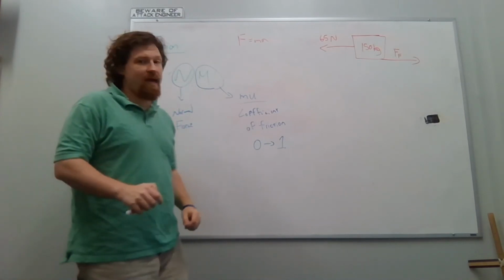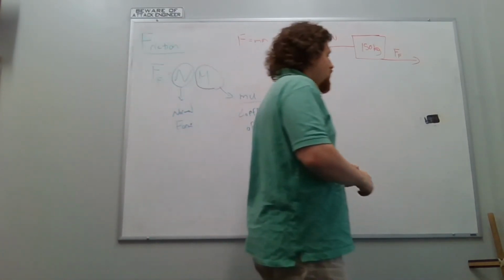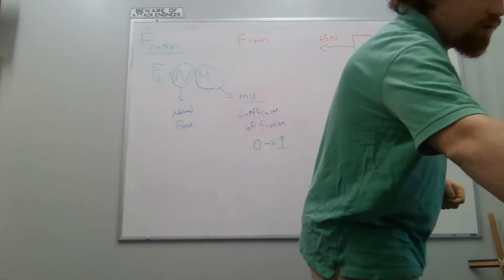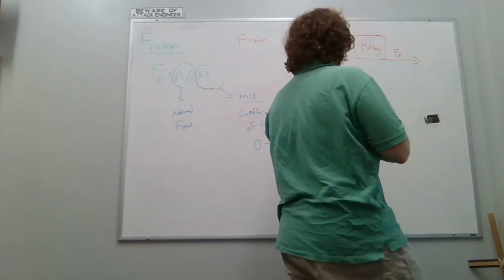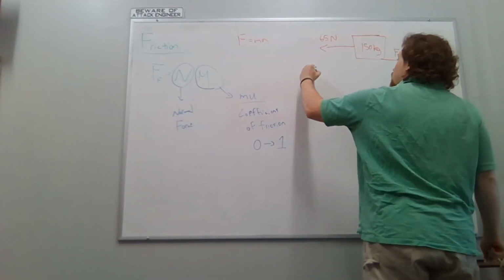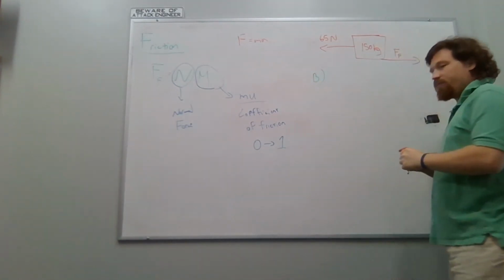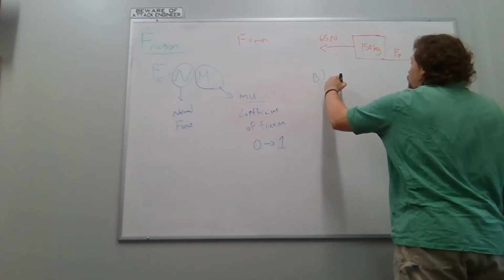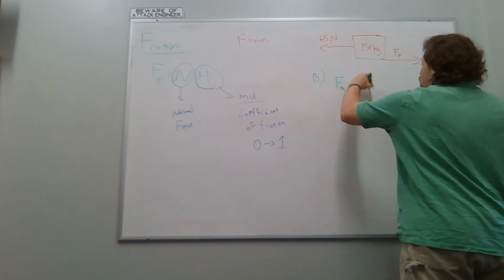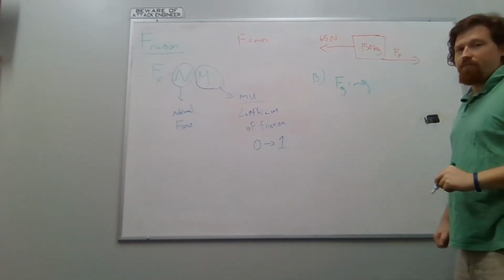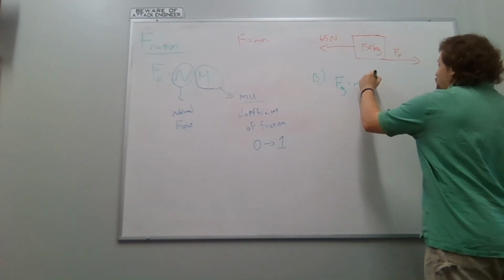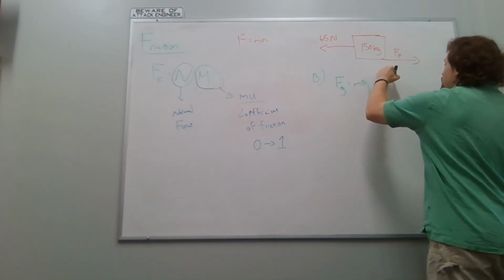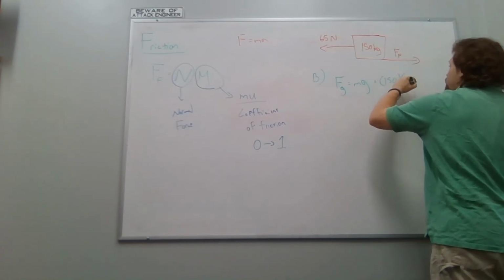That is part A. Part B asks, what is the weight of this buggy? And the simple answer is, the way that you find the weight of any object, the weight is the force of gravity. You multiply its mass by 9.8. The buggy has a mass of 150 kilograms.